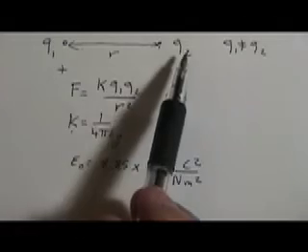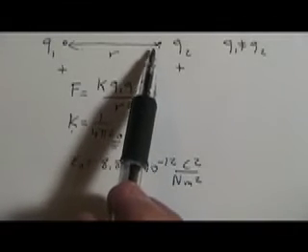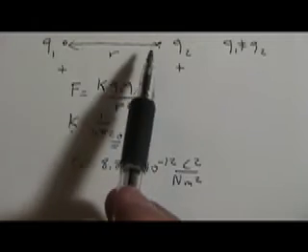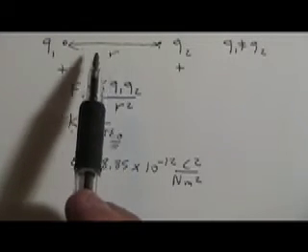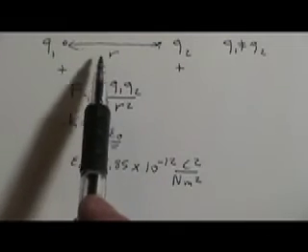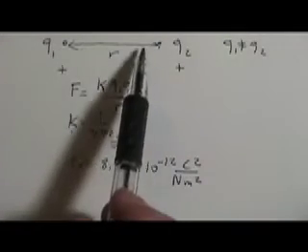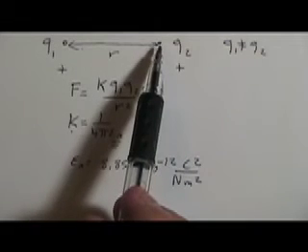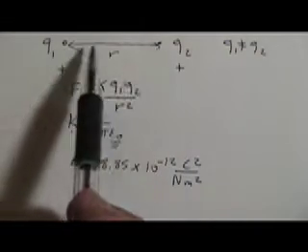Let's say they're standing on ice and they push each other. Of course, the smaller will go far away compared to the bigger one, but the force that will act on both of them is the same, even though one is bigger than the other. So in this situation, even though Q1 is different from Q2, the force acting on Q2 by Q1 is the same as the force acting by Q1 on Q2.